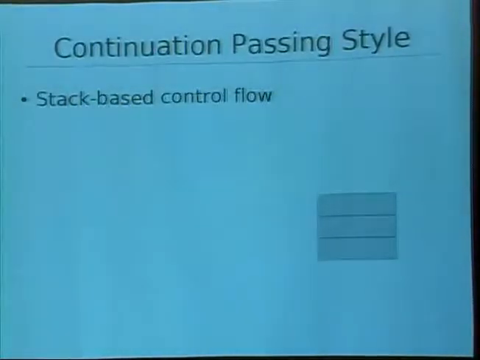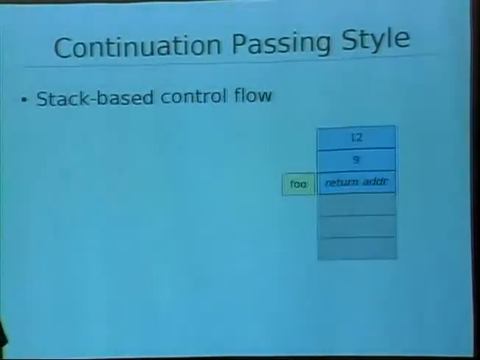Another very fundamental change, again, moving away from the stack-based virtual machine. In a stack-based virtual machine, when you want to call a function, you push a return address onto the stack, and maybe then some arguments.